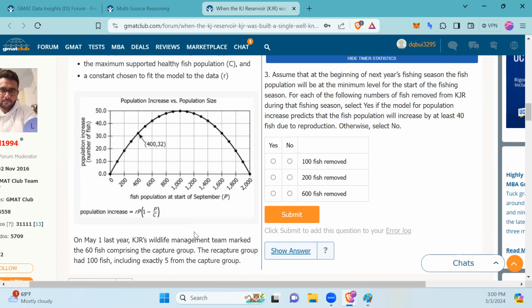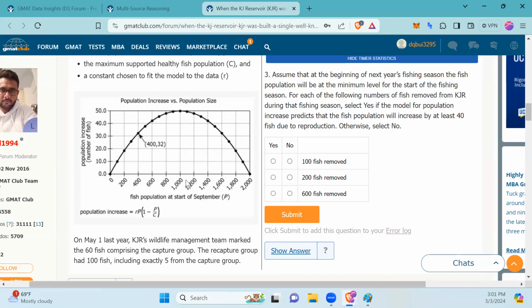The x-axis shows fish population, the y-axis shows population increase, and you've got that bell curve, that kind of hill-shaped line. So it's basically showing us a relationship that up to a certain point, as fish population size increases, the rate of growth will decline past a certain point, and it seems like in this graph, that point is 1,000 fish.